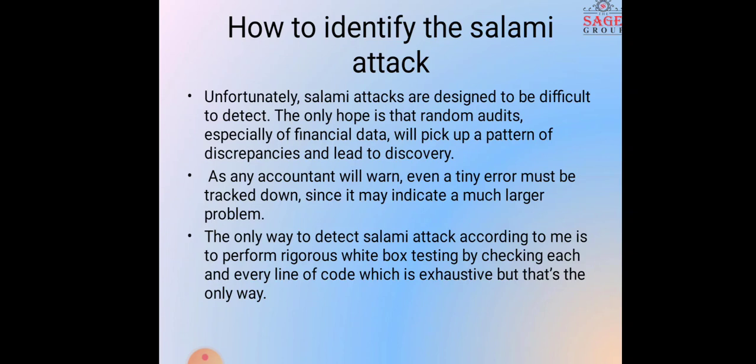The only hope is that random audits, especially of financial data, will pick up a pattern of discrepancies and lead to discovery. It is very difficult to identify this type of attack, but if we regularly audit our financial details and data, then it will be possible for an individual to find any discrepancies in their financial record.